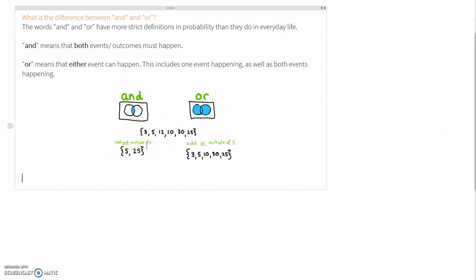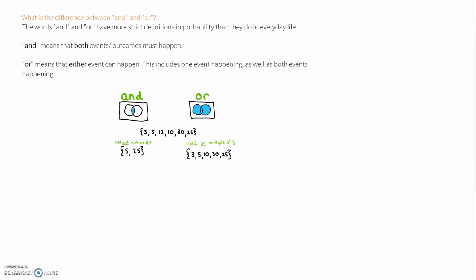So they must be both things at the same time for and. Or is a lot looser. So if we said odd or a multiple of 5, we've got all of the odd numbers and we've got all of the numbers that are multiples of 5. And we've got those two that are both as well. So just anything that meets those two criteria, or one or the other, that's an or. Hopefully we're good so far.